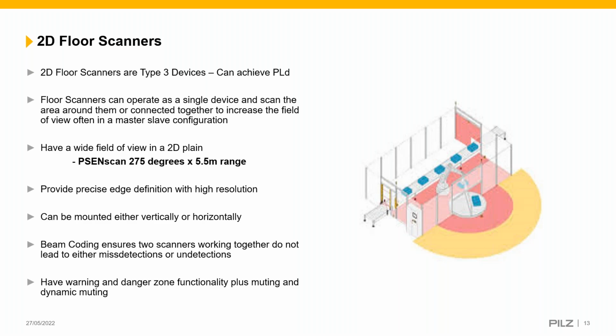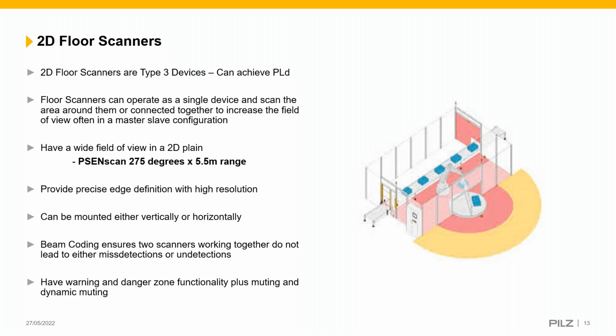So what you may do then, instead of just being a purely method 4 application, you may use a method 3, method 4 collaboration. So the robot moves full speed, does the cycle times. When somebody comes into the amber zone or the warning zone, that robot then will reduce down to the speed that you can achieve your force and pressure test measurements.